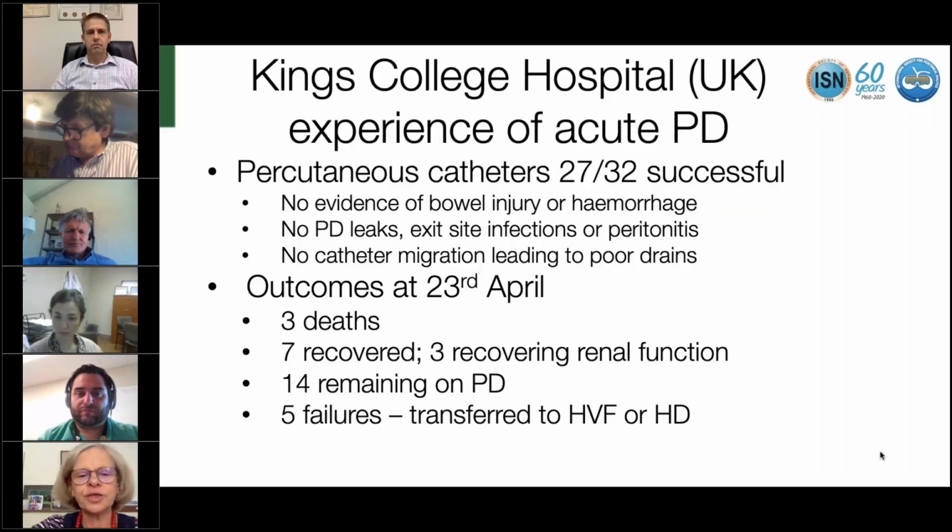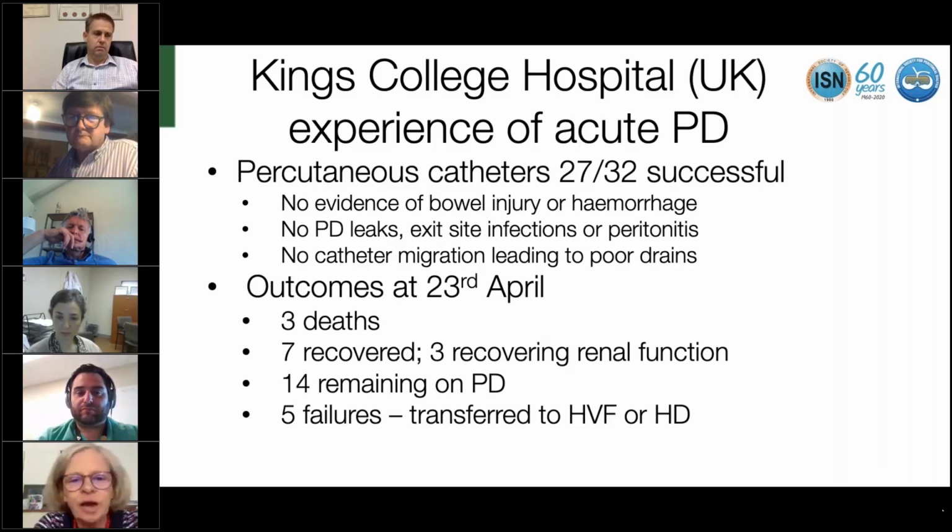We also heard in the last seminar reports from both the UK and the US of units that were already doing PD for COVID-related acute kidney injury. The King's College group have the biggest experience. At that point, they had been doing it for 3 or 4 weeks. They had inserted 27 percutaneous catheters successfully in 5 patients.